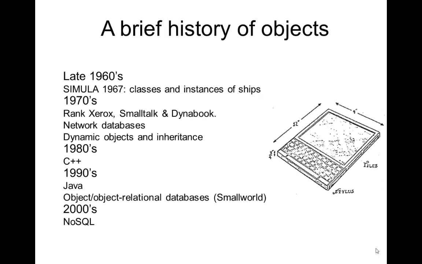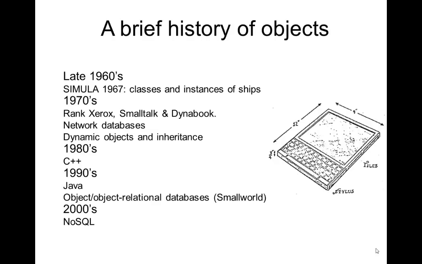Brief history. Okay, what's the relationship between objects, the object model, and the relational model through time? Well, like the relational model, it has its origins in the late 60s, early 70s.